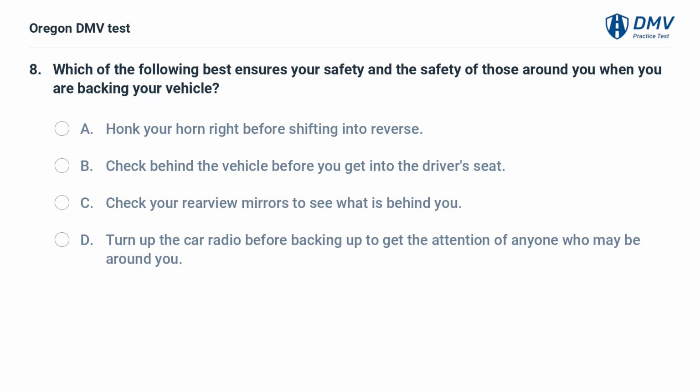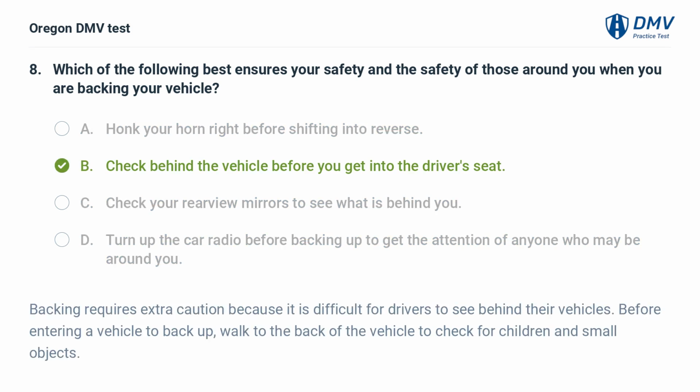D. Turn up the car radio before backing up to get the attention of anyone who may be around you. B. Check behind the vehicle before you get into the driver's seat. Backing requires extra caution because it is difficult for drivers to see behind their vehicles. Before entering a vehicle to back up, walk to the back of the vehicle to check for children and small objects.